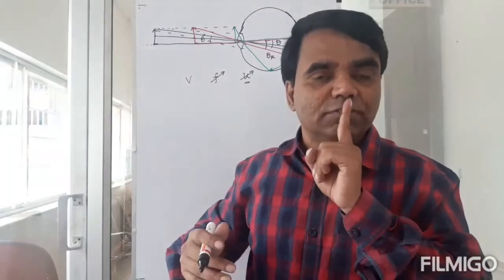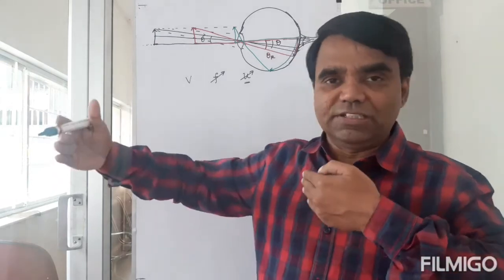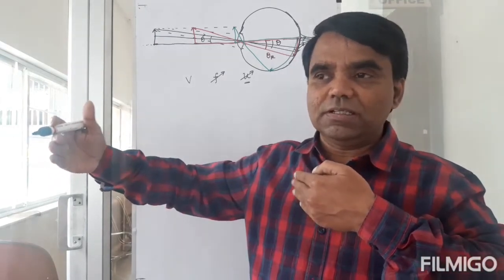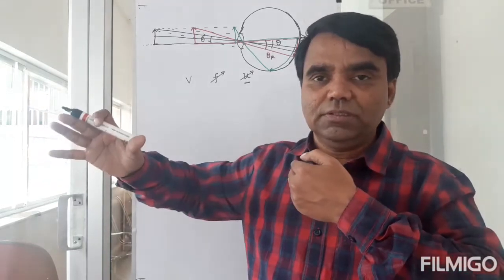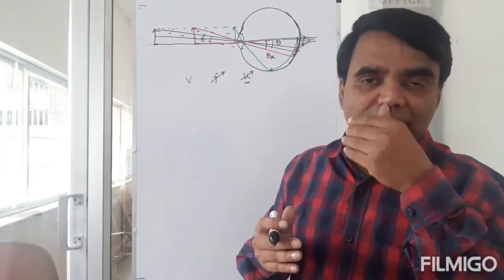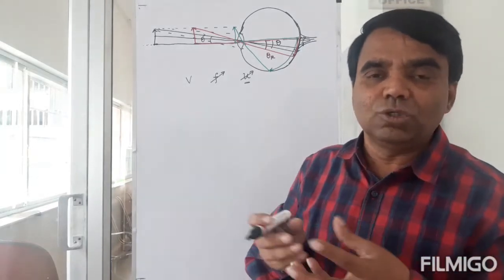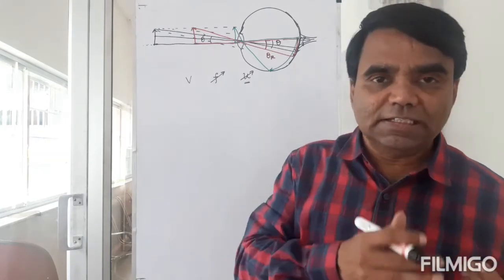My focal length is not fixed, but it has a range. I can change the focal length only over that range. Beyond that, I cannot change the focal length. My focal length is going to remain the lowest I'm going to get, and beyond that, I cannot reduce it.